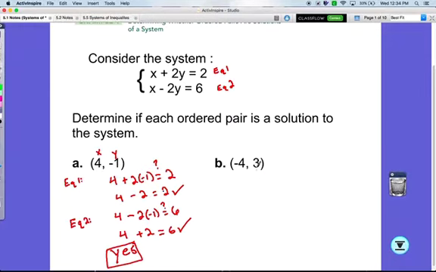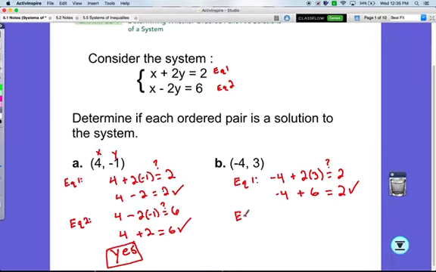We can try B, to see if (-4, 3) is also a solution. Let's try it out for equation 1. Is -4 for the x plus 2 times 3 equal to 2? Well, 2 times 3 is 6, and -4 plus 6 is in fact equal to 2, so it works for equation 1.